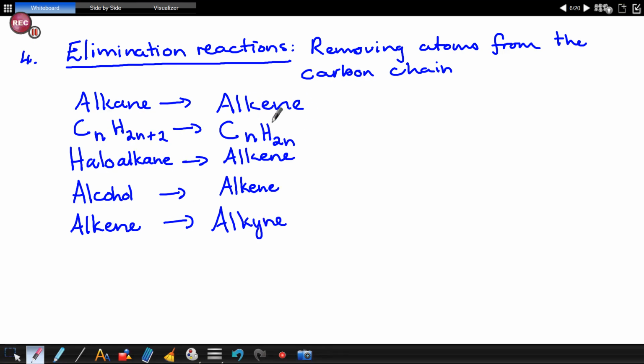Or you can take the alkene with its CnH2n and you can change it to an alkyne, CnH2n minus 2. You take two atoms off. Usually you remove two atoms from a molecule.